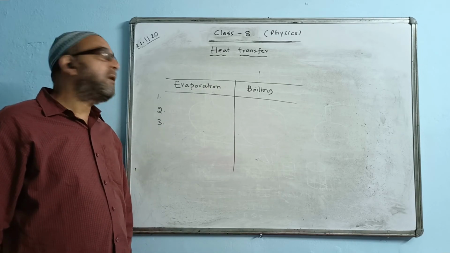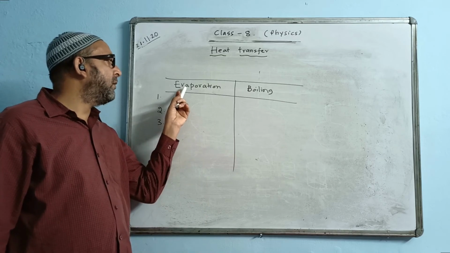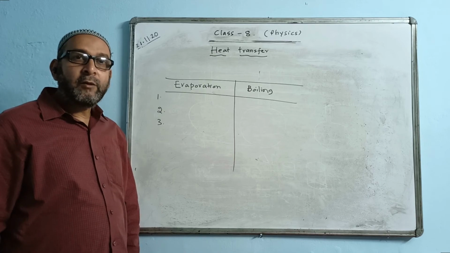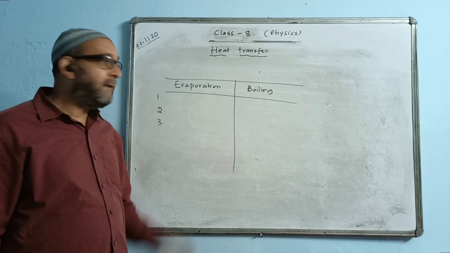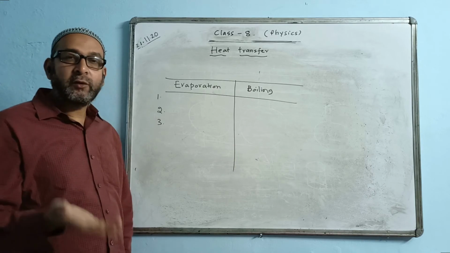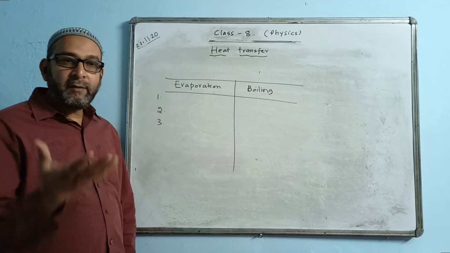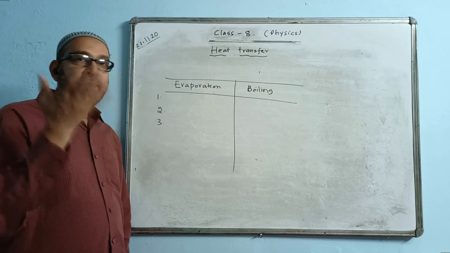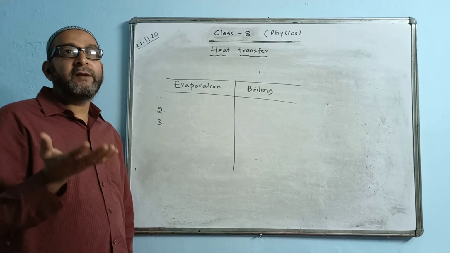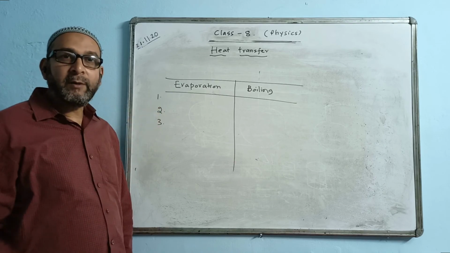In that chapter I also discussed the rate of evaporation, and what factors the speed of evaporation depends on. If you remember, it depends upon the surface area of the liquid exposed. When the surface area is more, the evaporation rate will also be more.